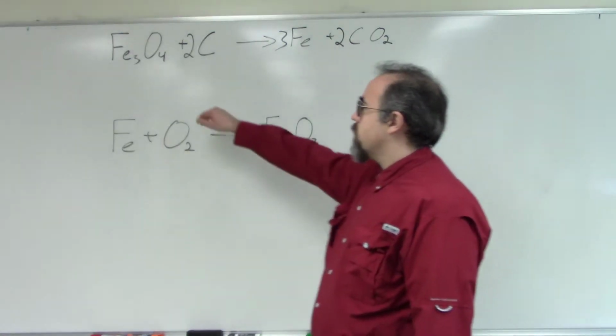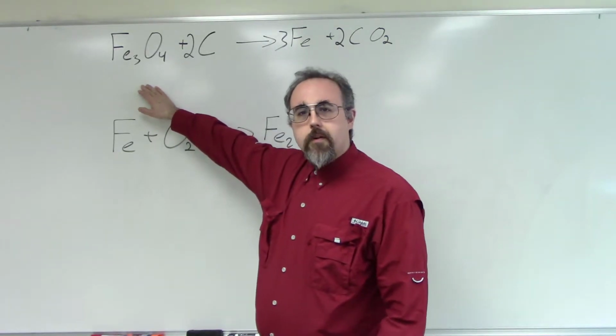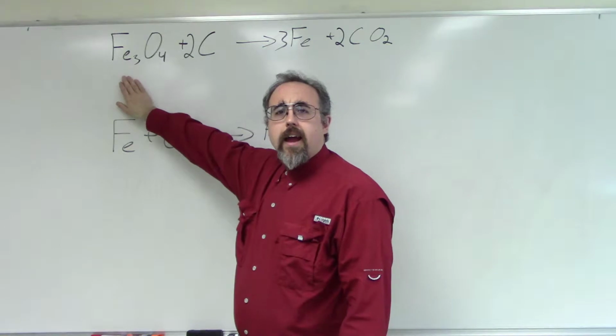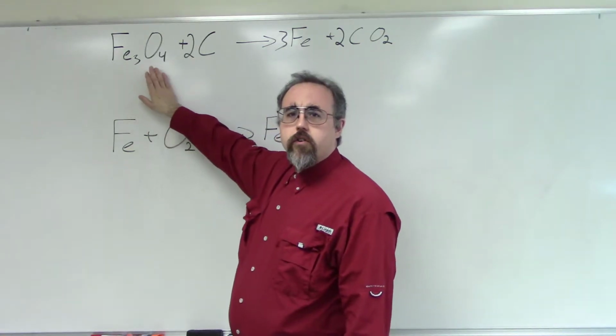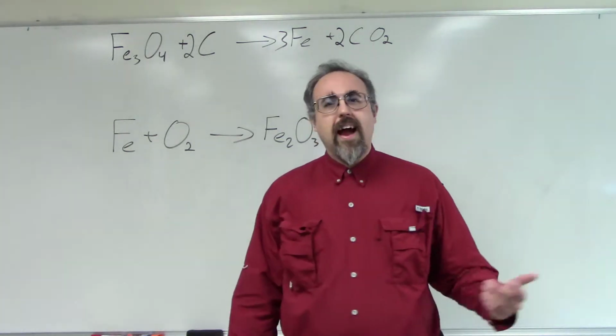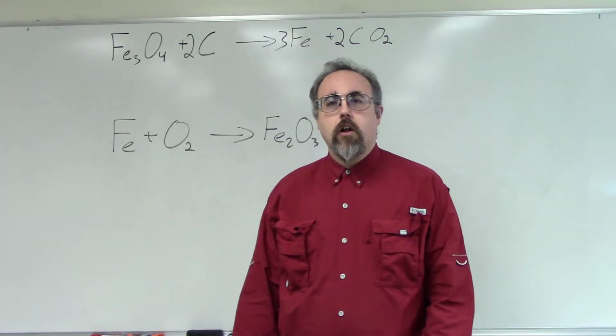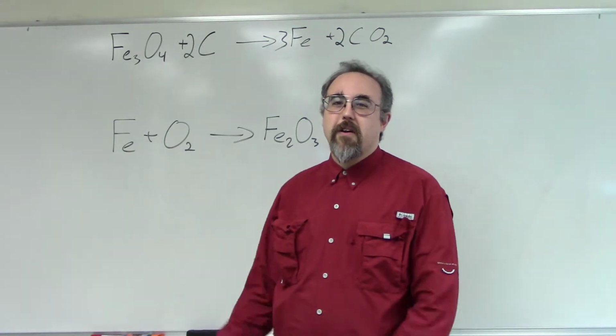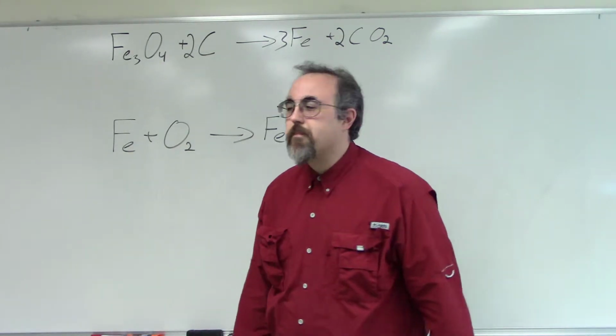So if my ore is magnetite, not necessarily the most common ore, but simple for our example, then I have Fe3O4, 3 irons paired with 4 oxygens. It's both iron 3 and iron 2 in that particular formula. As chemists, we just borrow the geologist term magnetite.